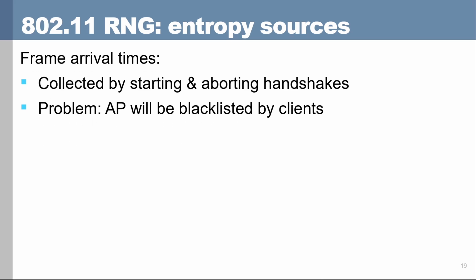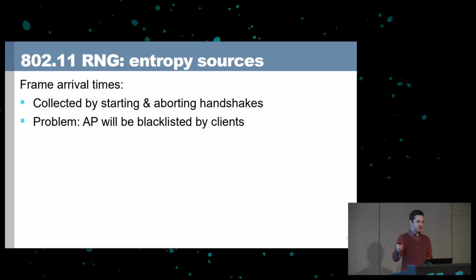However, you don't always have the guarantee that there is sufficient traffic available. The standardization committee realized this. So what they said is, if there is not that much traffic, simply wait until a client wants to connect and then send a few messages of the handshake, abort the handshake, restart the handshake, abort it, restart it, until you have captured enough frames.